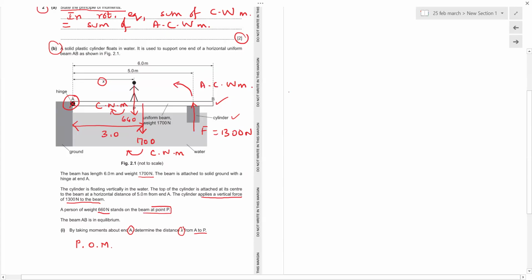Accordingly, if we apply the principle of moments, clockwise moments on the left hand side, anti-clockwise moments on the right hand side, let's see how we go about it. For clockwise moments, we have 1700 into 3 plus 660 into x equals 1300 into 5, right?